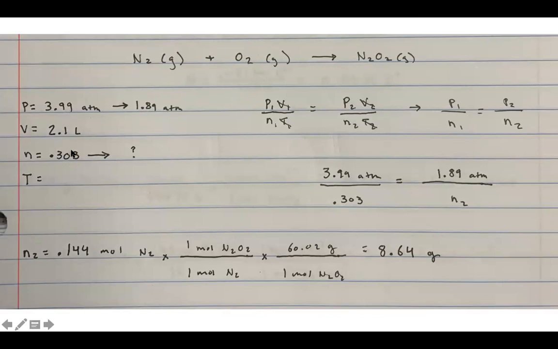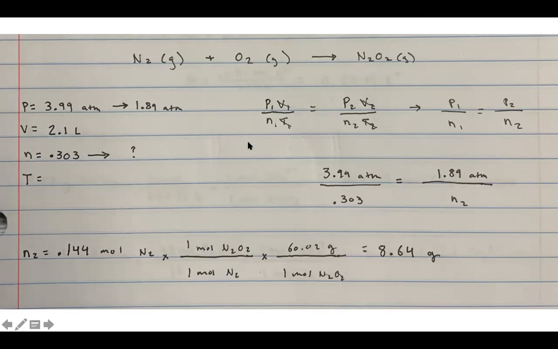Our volume stayed consistent at 2.1 liters, and N, our number of moles, would be equal to 0.303. That's going to change, and we're trying to calculate that change here. We're told the volume doesn't change, and temperature we're given absolutely no information about. It turns out in this problem you actually don't need information about it, so I just left that blank.